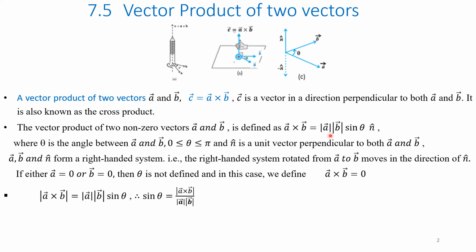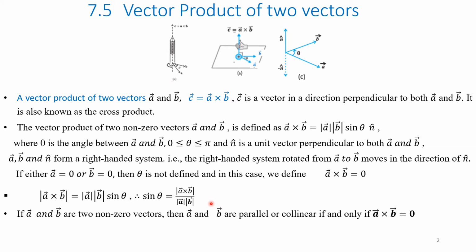As we have said earlier, magnitude of A cross B is equal to magnitude of A into magnitude of B into sine theta. From this relationship, we can find sine theta. Therefore, sine theta is equal to magnitude of A cross B divided by magnitude of A into magnitude of B.